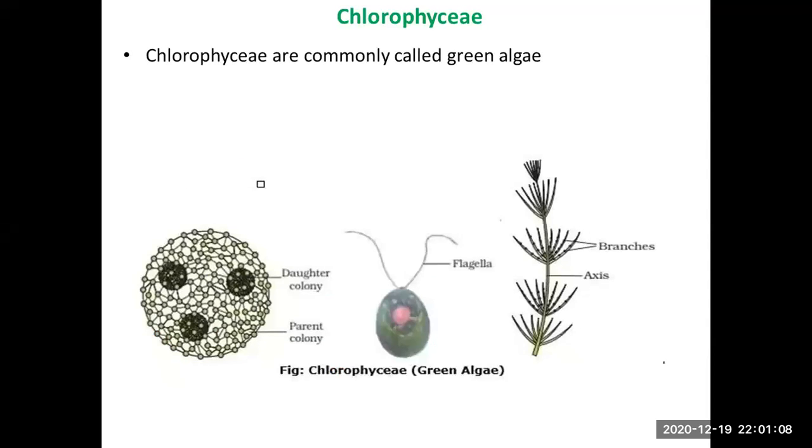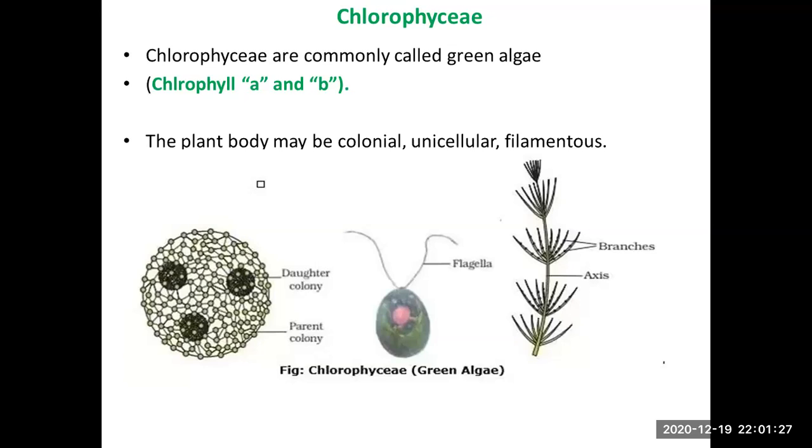Chlorophyceae, commonly called green algae. The algae is grass green due to the presence of chlorophyll A and chlorophyll B. Chlorophyceae consists of colonial forms, unicellular forms, and filamentous forms.